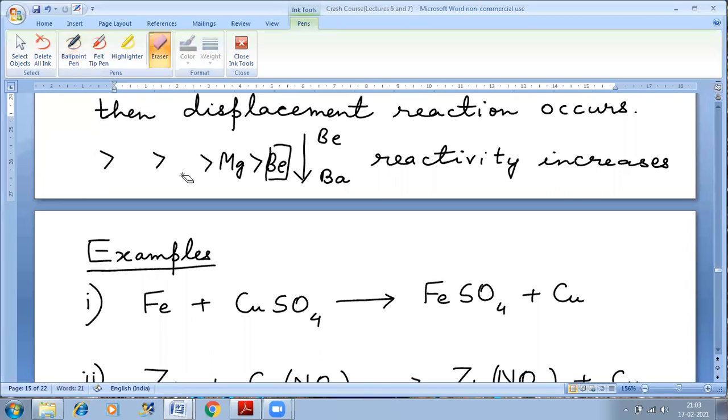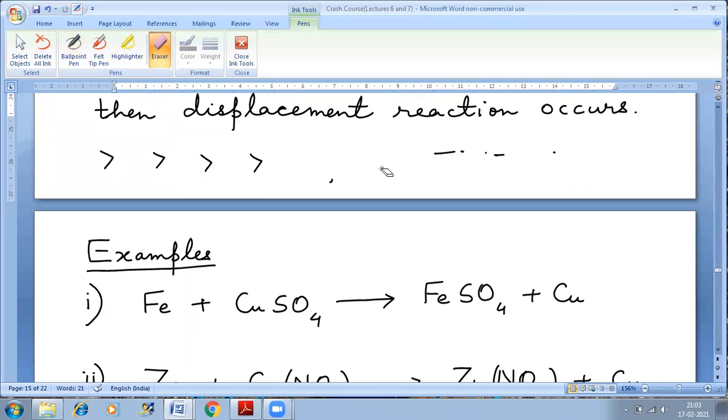I can write like this, metals. I'm going down the group. So last element is cesium, and here I have lithium. So reactivity wise, cesium will be more reactive, and lithium will be the least reactive.